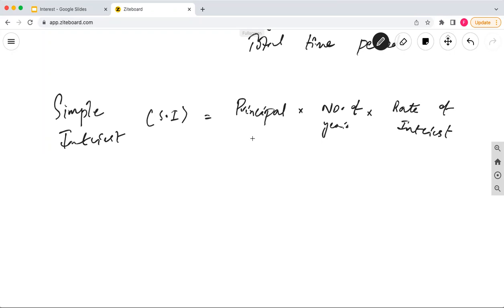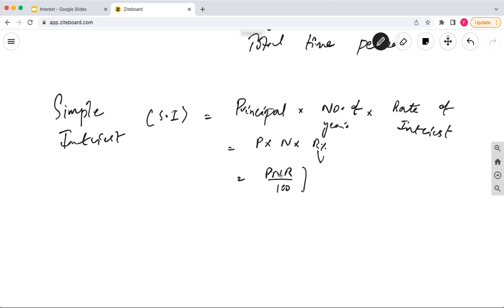If I represent this in short form, let principal be P, number of years be N, and rate of interest be R, then you can write this as SI = PNR over 100.